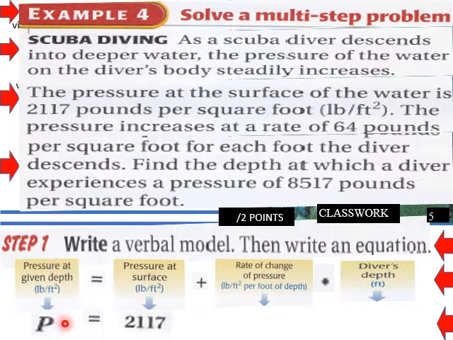Pressure P equals 2,117 at the surface plus 64, rate of change of pressure, pounds per square foot per foot of depth. So for every foot, it increases 64 pounds per square foot times diver's depth, D.